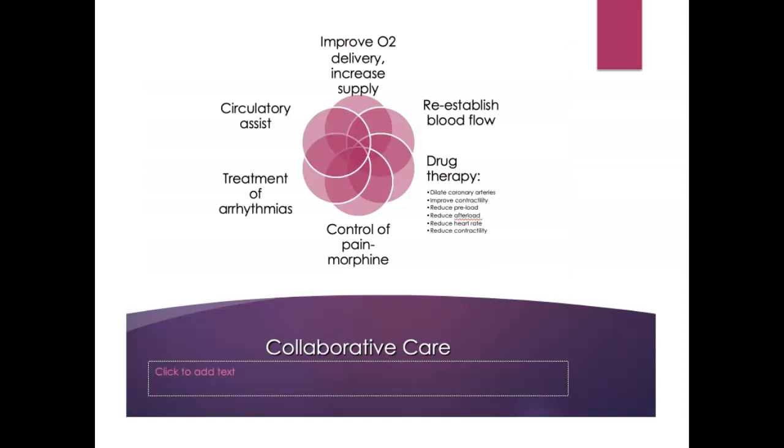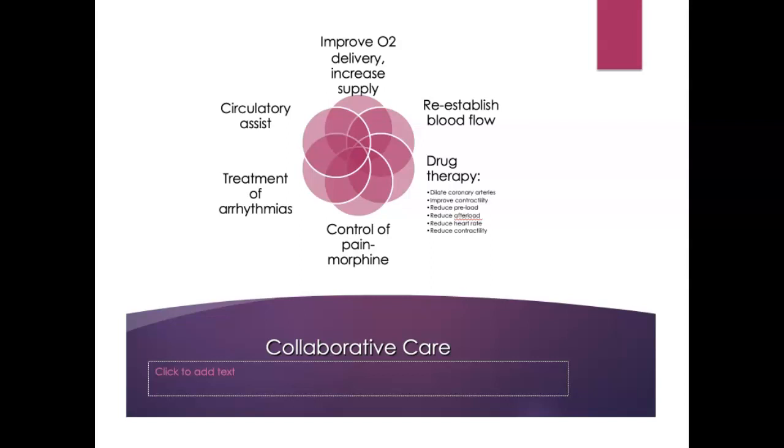So the collaborative care is trying to improve the oxygen delivery and increase the supply. So you need to reestablish the blood flow, and that may require surgery through bypass surgery or angioplasty if there's actually a revascularization problem. You may be giving, or you will be giving, certain types of drugs.